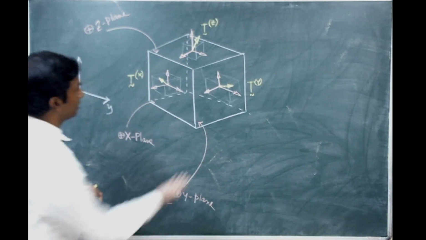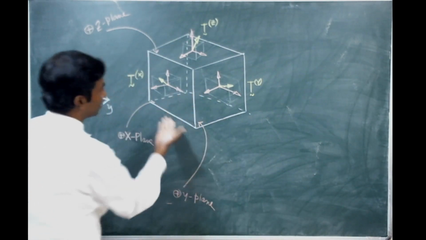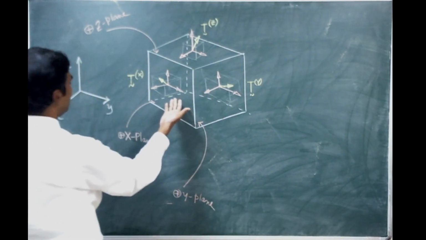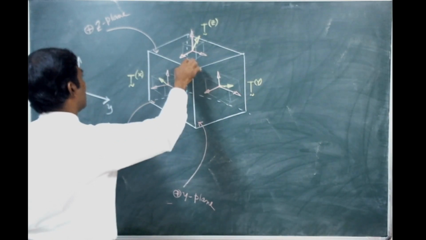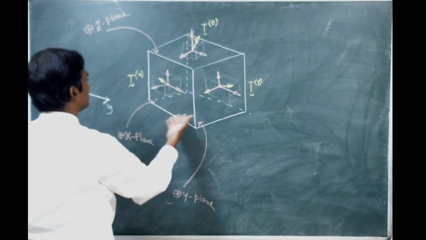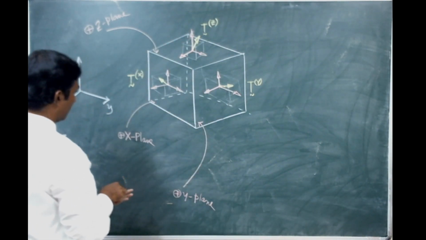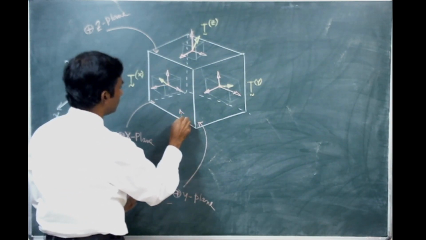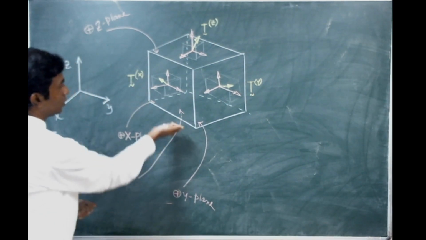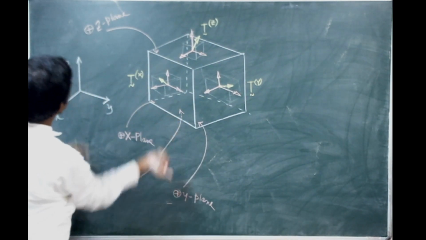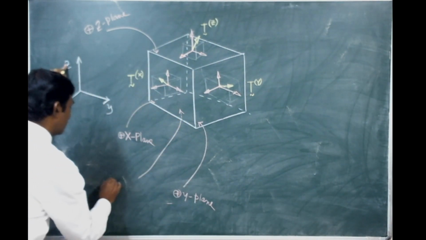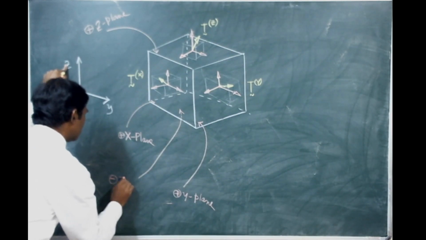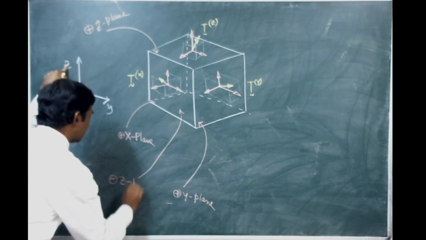You see the face which is not visible, directly hiding. That is parallel to this positive z plane. This is the plane whose outward unit normal is opposite to the z direction, so we use the term negative z plane.